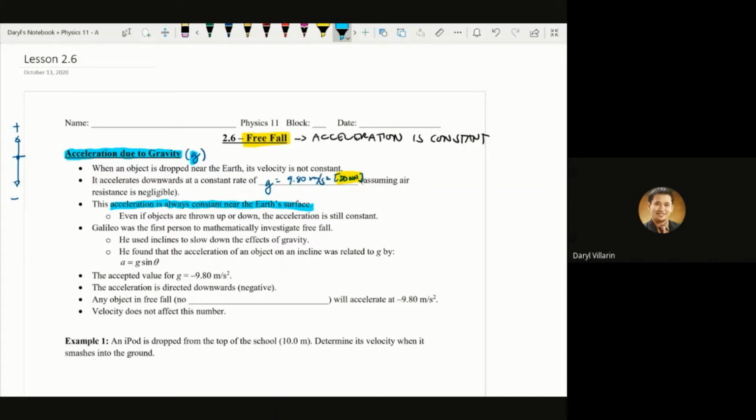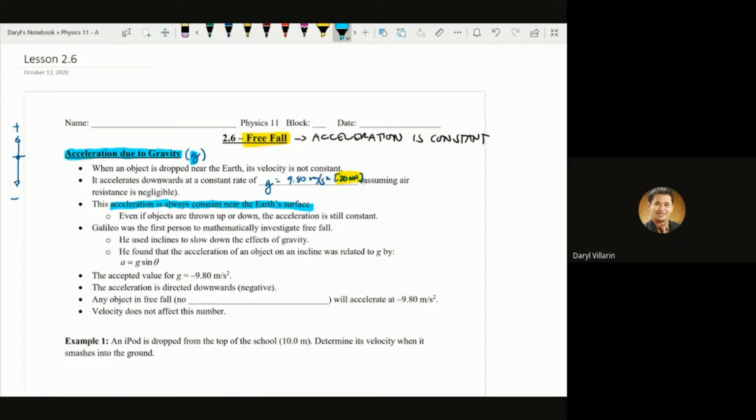It was Galileo who first investigated this mathematically. If you have heard about the Leaning Tower of Pisa, that is considered the first laboratory.